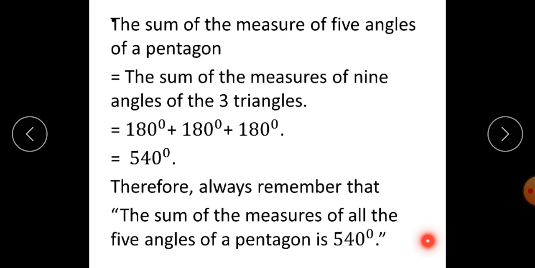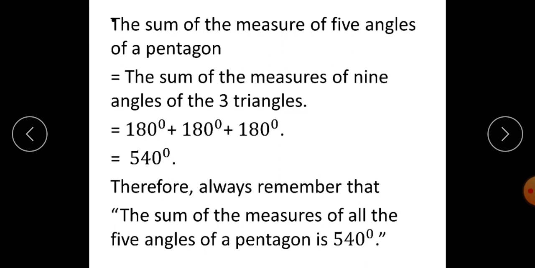Now, students, I am going to make a general statement. Triangles, quadrilaterals, pentagons, and other closed figures with more than five sides are called polygons. We know that the sum of all the three angles of a triangle is equal to 180 degrees.